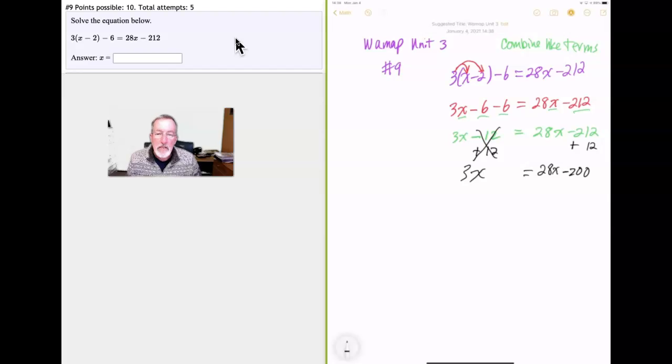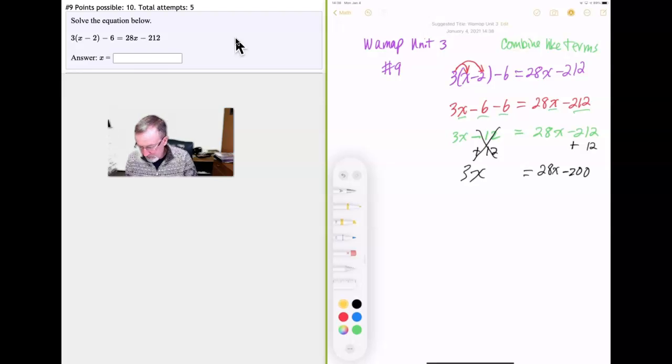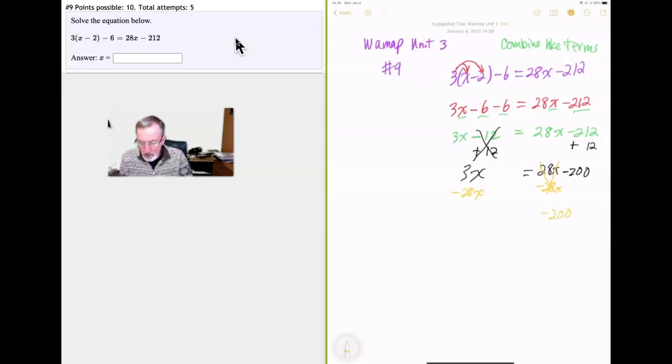All right. So now what we want to do is move the 28x to the side. And so we'll subtract 28x from both sides. And 28x minus 28x is 0. So we have negative 200. And on this side, we have 3x minus 28x.